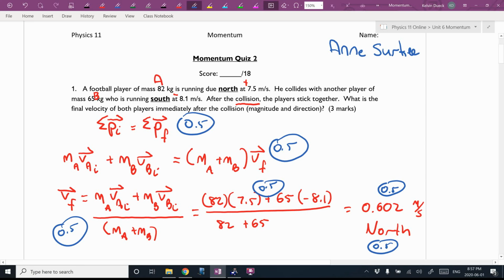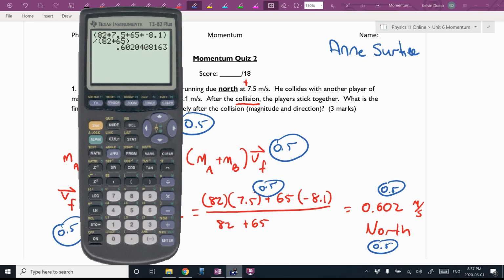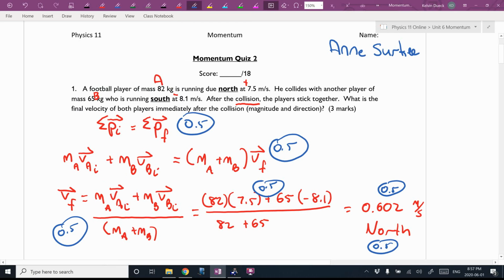If you missed the negative, you would get 7.77, and I would give you 2 marks.